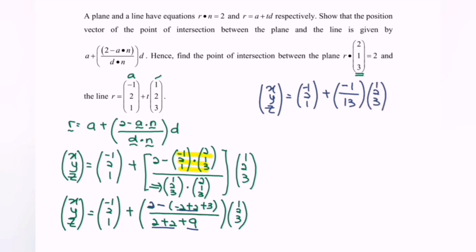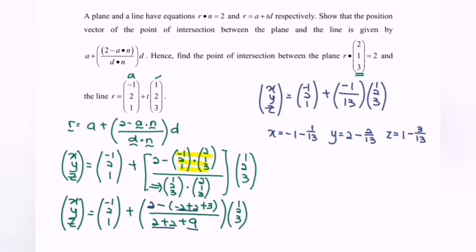So finally, we have x equals negative 1 minus 1 over 13. Next, y is 2 minus 2 over 13. And z is 1 minus 3 over 13.